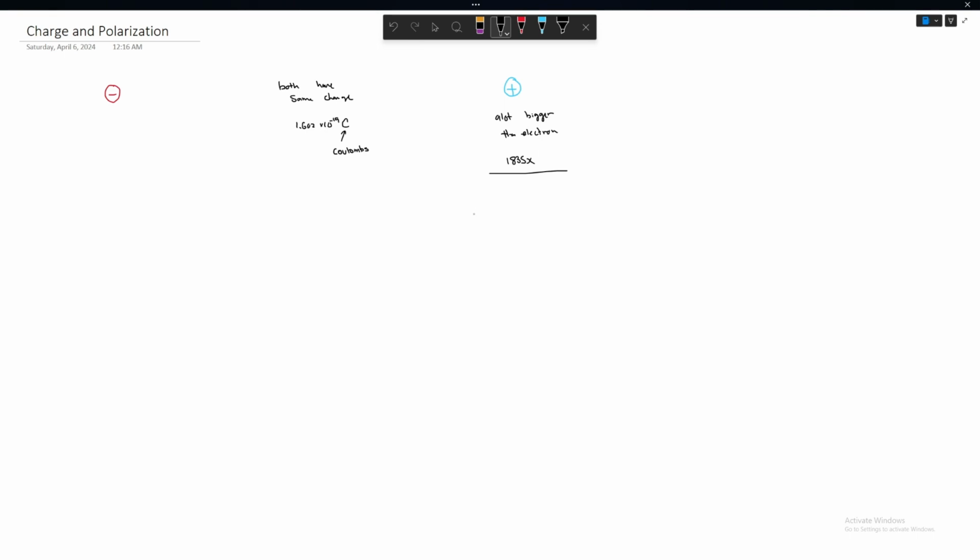Now the actual things you need, and these I'm pretty sure will be given, is their mass. So the mass of a proton is 1.672 times 10 to the negative 27 kg. And the mass of an electron is 9.10 times 10 to the negative 31 kg. Alright?